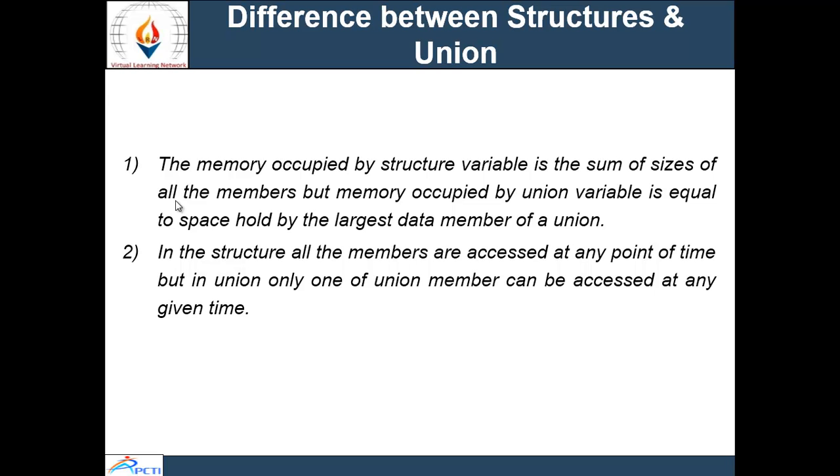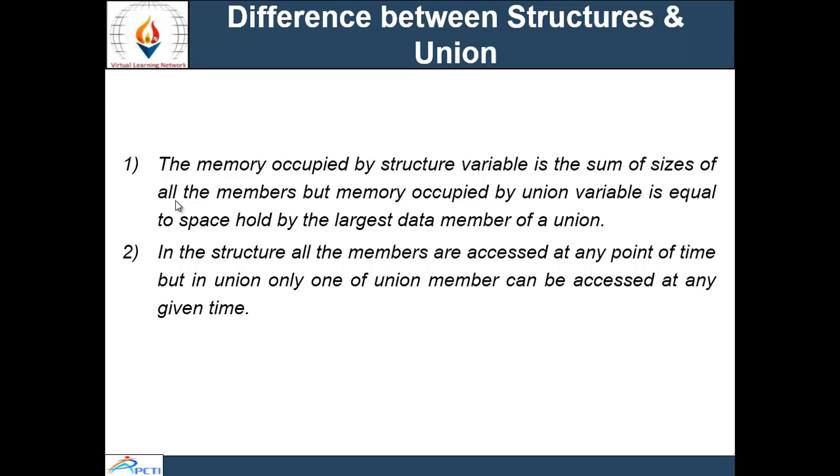Difference between structure and union. In the union, all the members can be declared like structure. But the memory occupied by a structure variable is the sum of sizes of all the members.